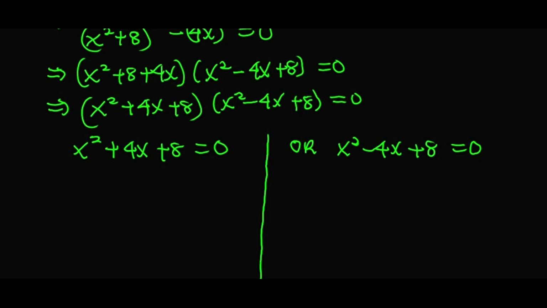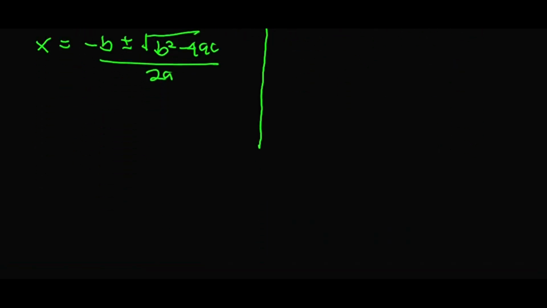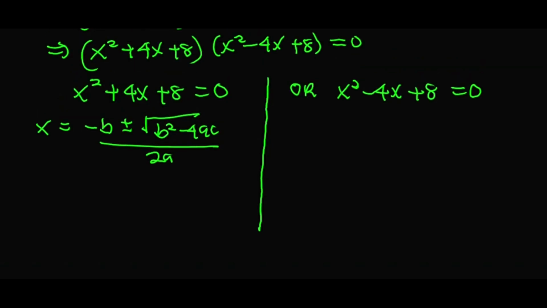Now we can solve for x here using the general solution formula, which is x equals minus b plus or minus square root of b squared minus 4ac all over 2a. So here a is the coefficient of x squared, which is 1.